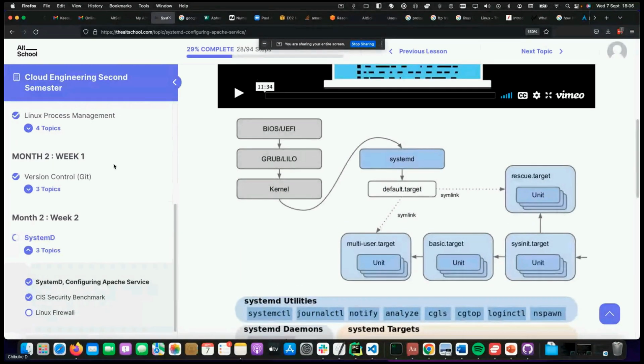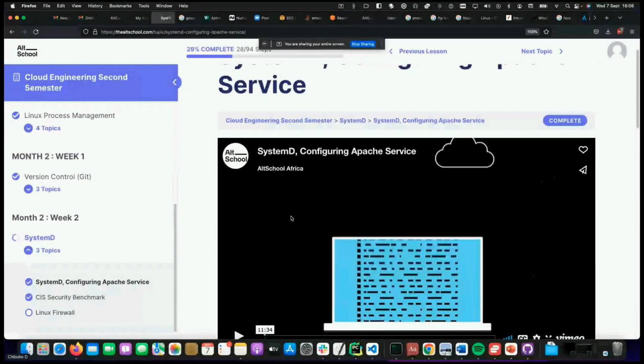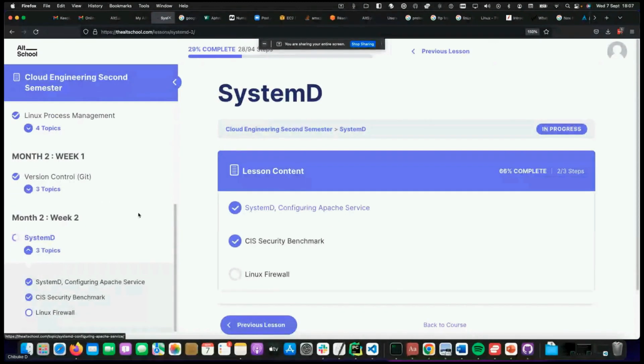The reason I didn't share any documentation was that I noticed the training was already done, so there was no need to set up any documentation again. So we're going to be starting from systemd.